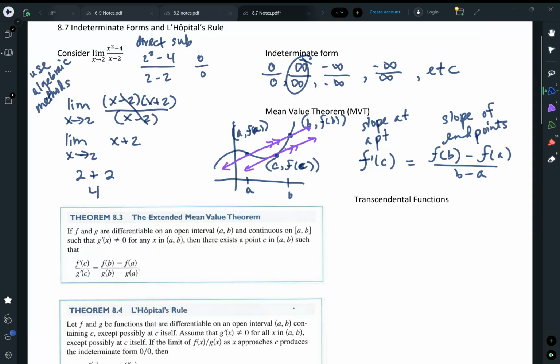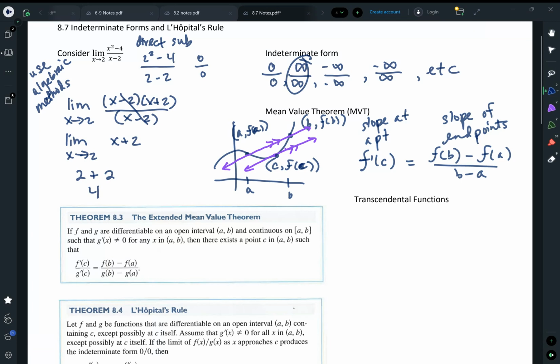If we want to look at how fast something's going to infinity, we're really taking the derivative. It works for all of these, including 0 over 0, but infinity over infinity is the one I think makes the most sense. By taking the derivative, you're really looking at a rate, and it allows you to compare the numerator and denominator, because if one is going to infinity a lot faster than the other, then there could be a ratio between those two.